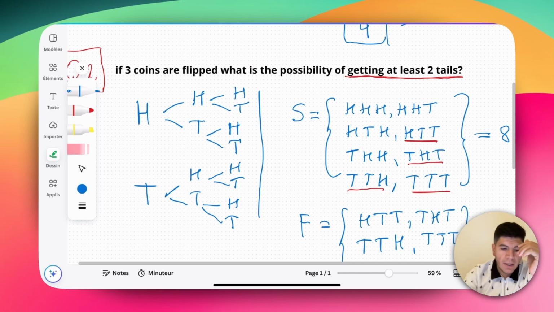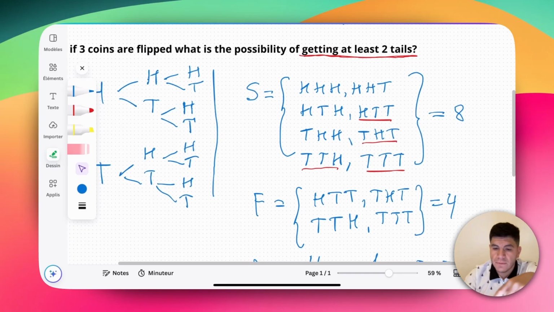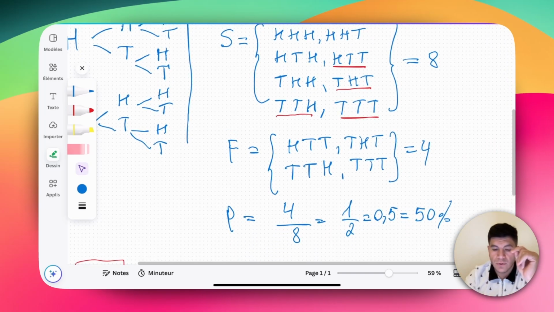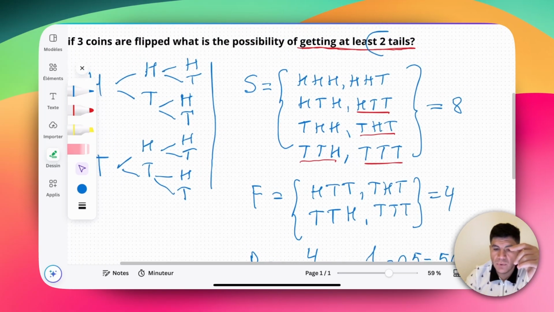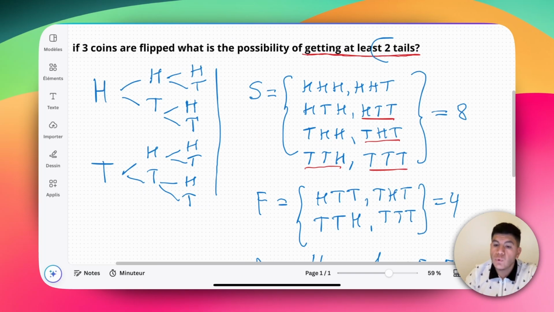Our favorable outcomes, fulfilling the condition of at least 2 tails, are HTT, THT, TTH, and TTT. So there are 4 in total. 4 divided by 8 gives us 0.5. This means there is a 50% chance of getting at least 2 tails when the 3 coins are flipped.